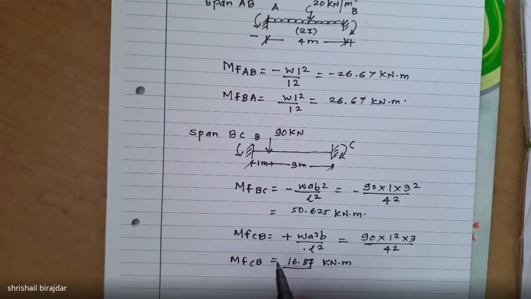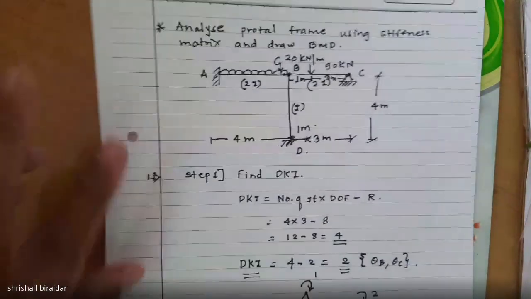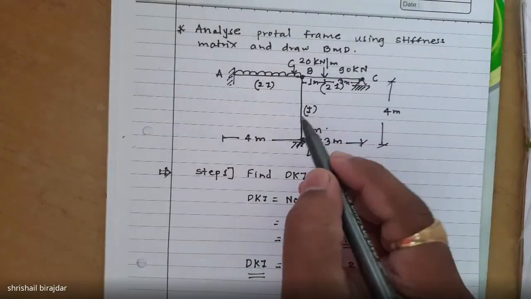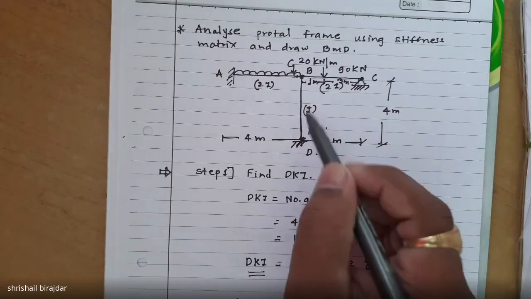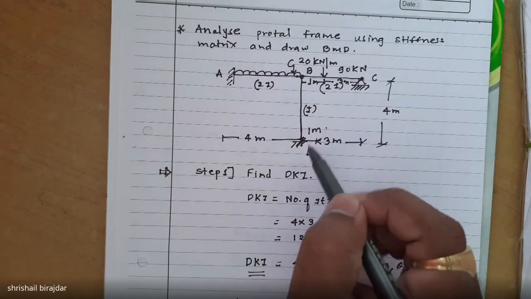CB. Okay. In the problem, there is no horizontal force on BC, nor is any UDL present on BD.